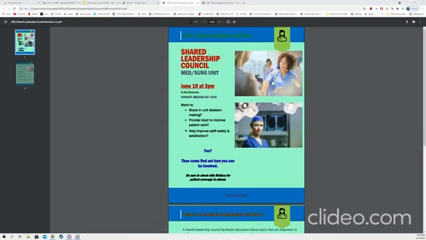Bolded date and some pictures to draw attention. We have our contact right here. And here it's saying what we want to do, basically what the mission is for this brochure or this event. And just some questions to get people reading into it and connect a little bit more with it.